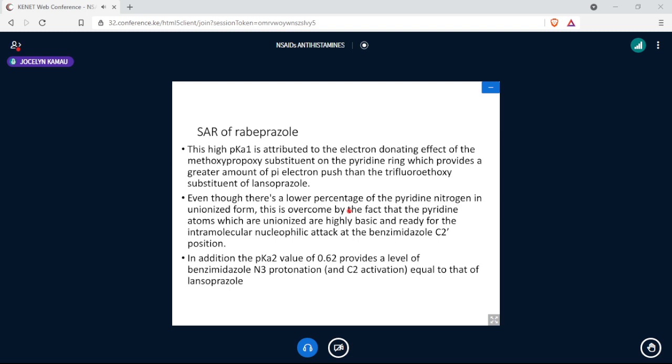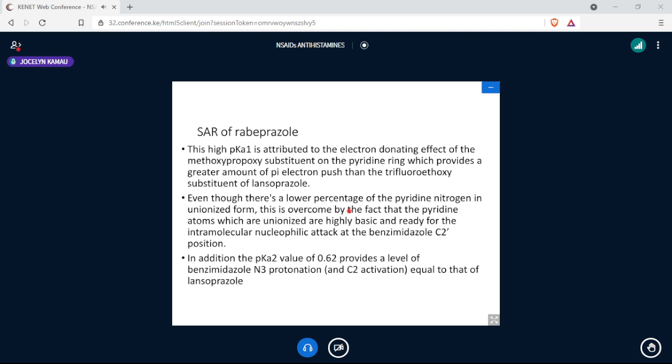So the fact that this drug is more basic does not render it less potent in being able to attack the carbon 2 prime, because the nucleophilicity allows it to attack the carbon 2 prime much more quickly, so its reactivity is maintained. Please do understand that explanation: of course you will have more of the ionized dication, the pyridine ionized, the benzimidazole ionized.